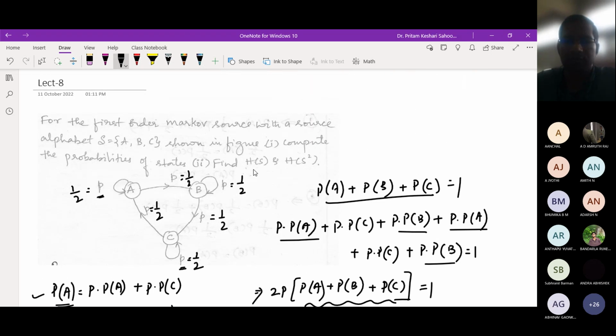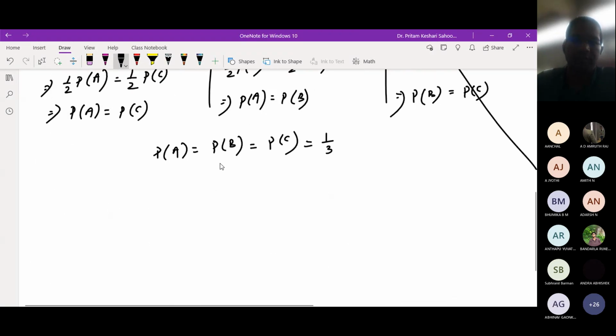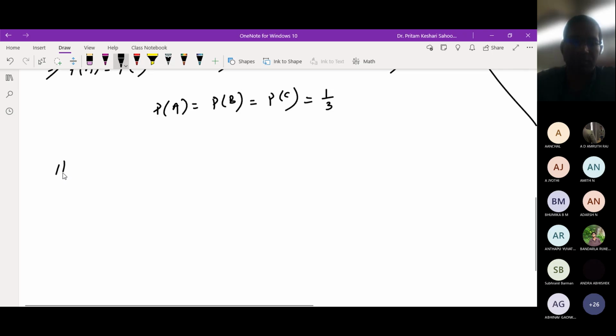Now let us calculate the value of H of S, that is the average information. So how can we calculate the average information? The average information H of S can be calculated like this: sum over i equal to 1 to 3, because here we have 3 different states, of probability of i log base 2 of 1 divided by probability of i.